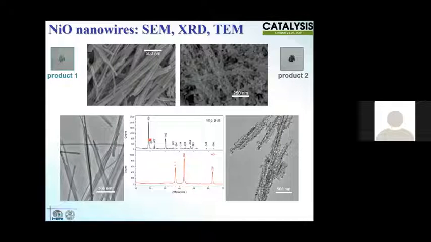oxide nanostructures used as chemoresistors, as gas sensors. I want to show you a little bit of the material science in this part, just because it proves that this approach can be used even with not optimized materials.